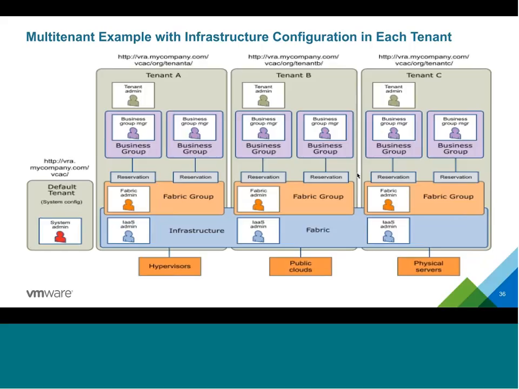So this is a typical multi-tenant environment with infra admin rights given to each and every tenant. So these are rights that you can give to any user in your environment. Any user at tenant C, if you give him IaaS admin rights, will be able to see the entire infrastructure. Or if you give him fabric group admin rights, he can see that entire fabric group. That's how it works. Depending on the rights, you get the access.